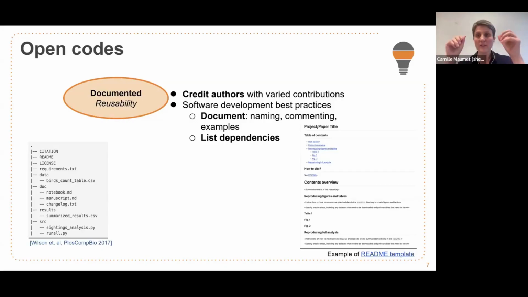And so as a first step, and we'll see we can, of course, go further than that, listing dependencies so that people know what they have to install in order to try and reuse your code is a best practice. So that's kind of minimal documentation we can add on top of making the software open source and the code available in the long run.